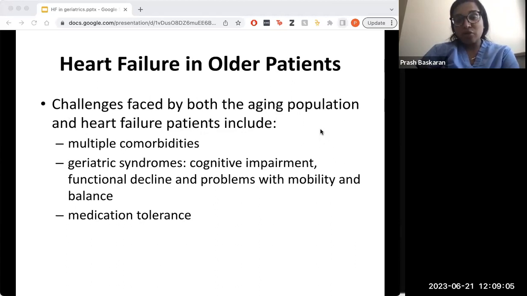Those with geriatric syndromes: cognitive impairment, osteoporosis or fragility fractures, functional decline, problems with mobility and balance. And then the idea of medication tolerance, which can be seen in both patient populations. We know that not only are elderly patients with heart failure at increased risk of developing frailty, but also frail older adults are more likely to develop new onset heart failure.